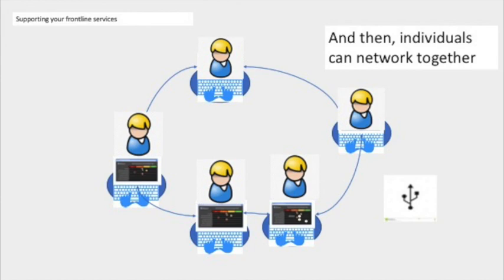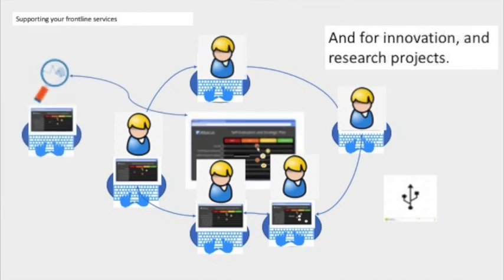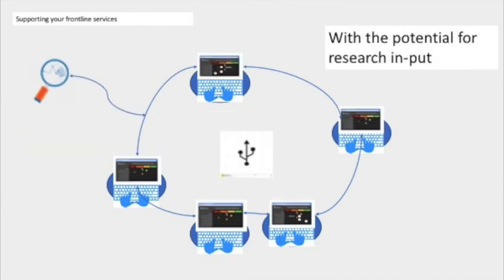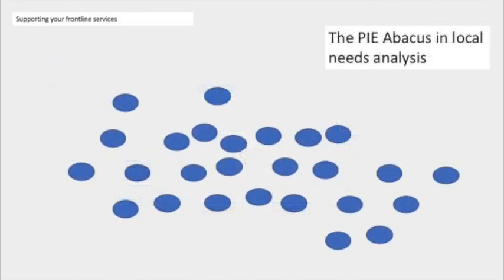So in the FAQs on the PIE link, you'll find more ideas on where, when and why you might want individuals as users. There's also more on the PIE Abacus as a research tool, as we mentioned, and on the PIE Abacus in local needs audit. But we'll turn to that local needs audit in the next video.